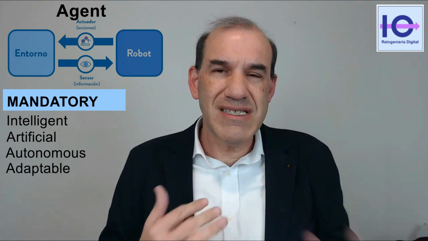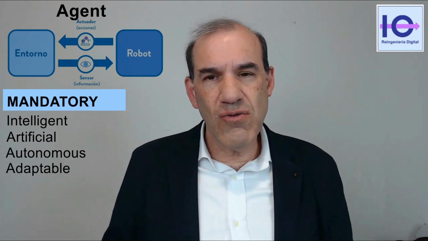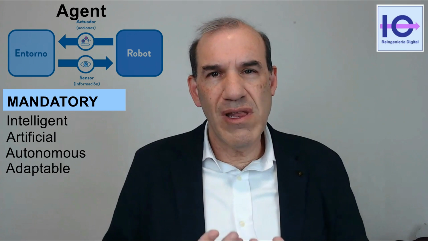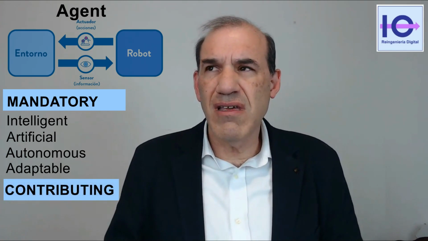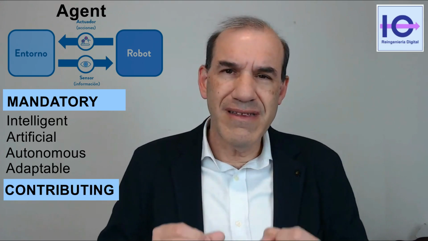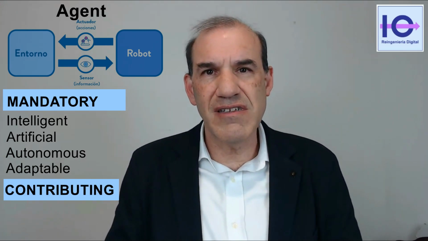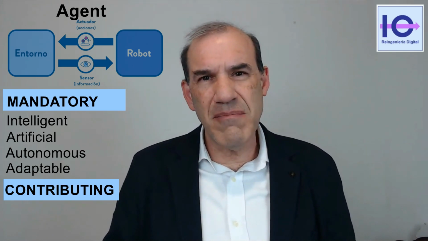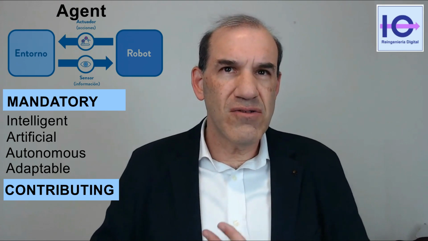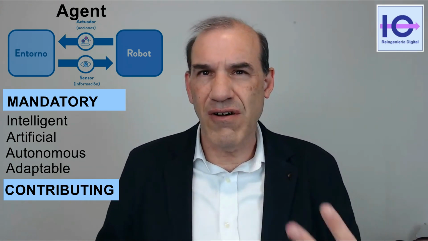But besides these 4 mandatory traits, I also identified 2 additional traits, which I will call contributing, because I don't think they are completely necessary, but we tend to expect these traits to be present in what we call robots, and in some specific cases, they could even change our mind about whether something is a robot or not.